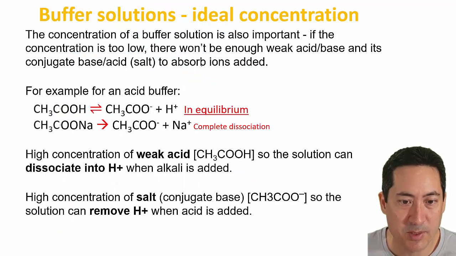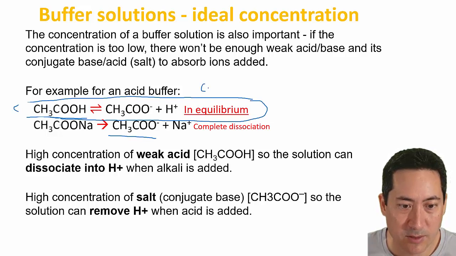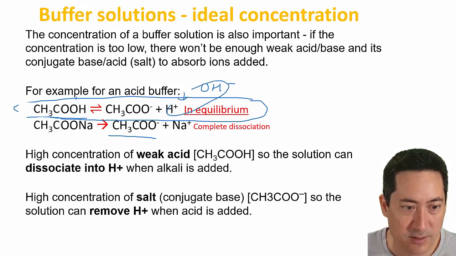What you also need to remember is you need to have enough of the weak acid and enough of the salt. If you didn't add the salt and all you had was the weak acid, as soon as you add too much OH minus, it'll take out all of this and lower it. You'll soon run out of this, and so if you don't have enough of the acid, you won't be able to maintain the pH you want.